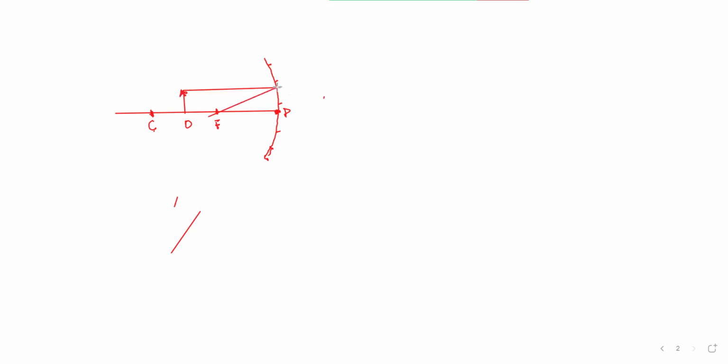The reflected ray will pass through F. A ray of light from the object passing through F, after hitting the mirror, must travel parallel to the axis. And the reflected ray must be parallel to it.